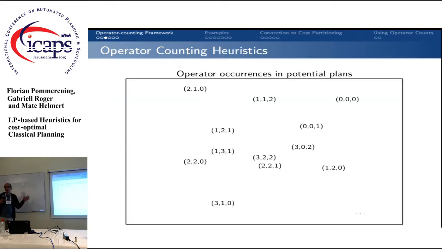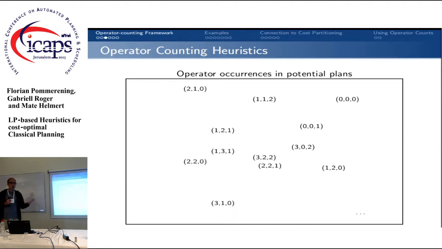Imagine you have the space of all possible operator sequences, every possible way to order a sequence, whether it's applicable or not. And now, instead of having all of these sequences, you forget about the order of operators and just consider how often each operator occurs. So for example, this tuple up here would mean that of 3 operators, you apply the first one twice, the second one only once, and you don't use the third one.